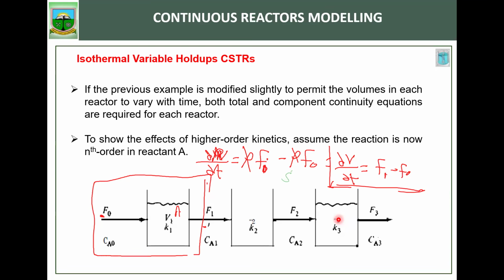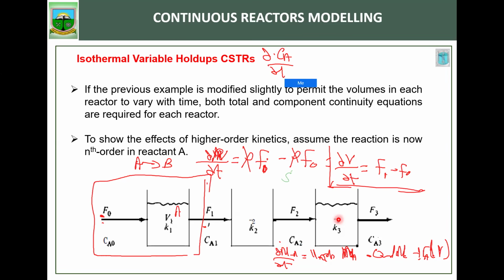There's a reaction taking place here, which is A forming B. So the same way, look at the input mass for A. So we are going to look at changes in moles of A equal to input moles of A minus output moles of A, also minus generation of A. So when you have that, like the previous one, you're going to have, remember, this is concentration times volume. So it's going to be CA times V1.